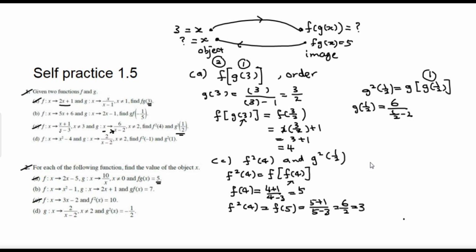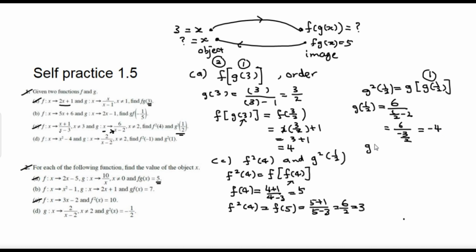You can make use of a calculator to find 6 over half minus 2, or you can do it manually. So half minus 2 is negative 3 over 2. Simplify it, you get negative 4. You can use your calculator to check the answer.